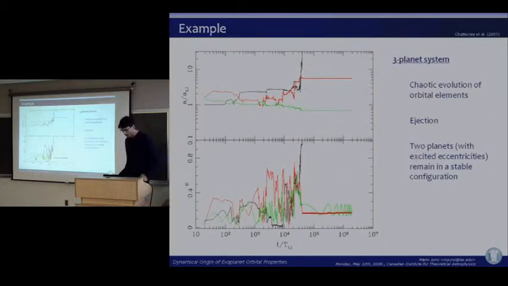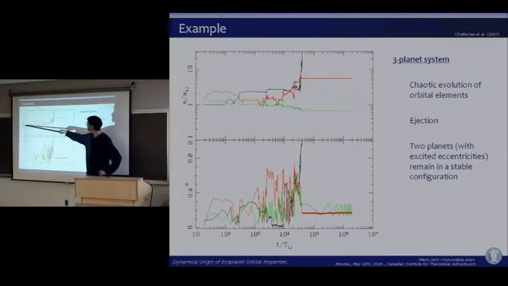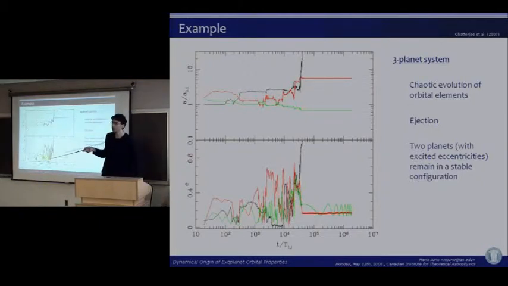So to give you a feeling of what typical evolution looks like, this is a plot actually not from these simulations, but from Chatterjee et al., who looked at 3-planet systems. Our plots look virtually exactly the same as these, but are not as nicely colored. This is the typical behavior of eccentricity and semi-major axes in these simulations.